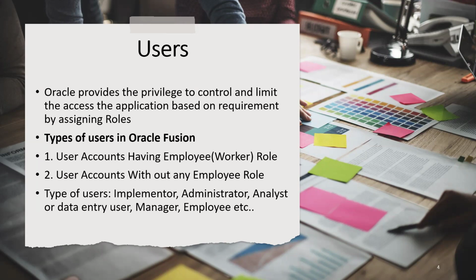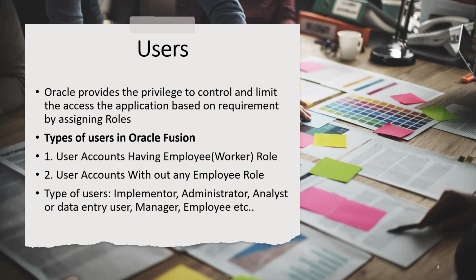So for the users who are using this application, we will first create the user, I mean the employee, and then give the same employee access to the application. That is one case. The second case is a user without an employee record.